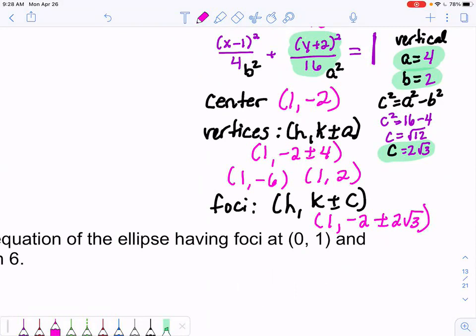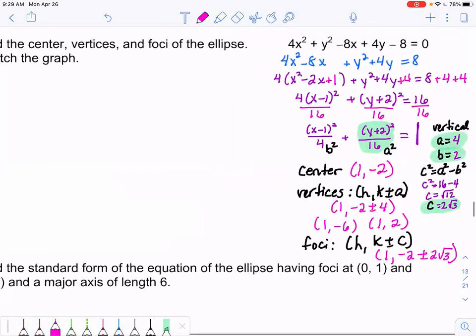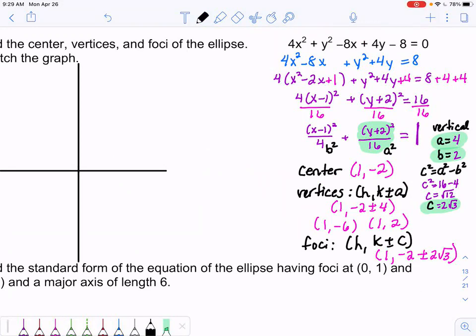So we found the center, we found the vertices, we found the foci. We're going to see if we can finish this off by graphing it. Are there questions? It's a lot of information. So we'll make a little sketch here, and plot a couple of points, or tick marks, I should say.